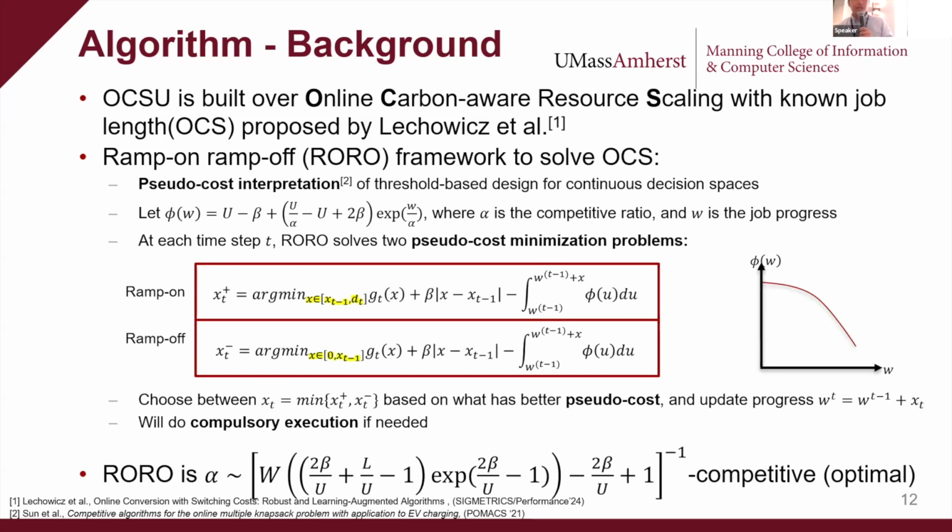And whenever the carbon intensity is attractive enough, the pseudo cost minimization finds the best decision to allocate just enough resources given the current carbon intensity to maintain competitiveness. So I guess the main takeaway here is that this algorithm is provably optimal in the online setting and it only needs to know the carbon intensity function per time slot. And it does not need a forecast.